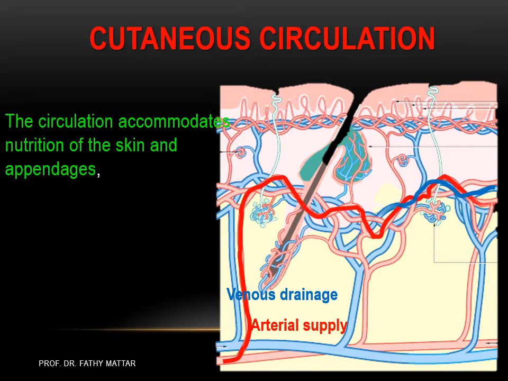There is a large cutaneous plexus found in the reticular layer of dermis, supplying the accessory structures such as the hair and the glands.